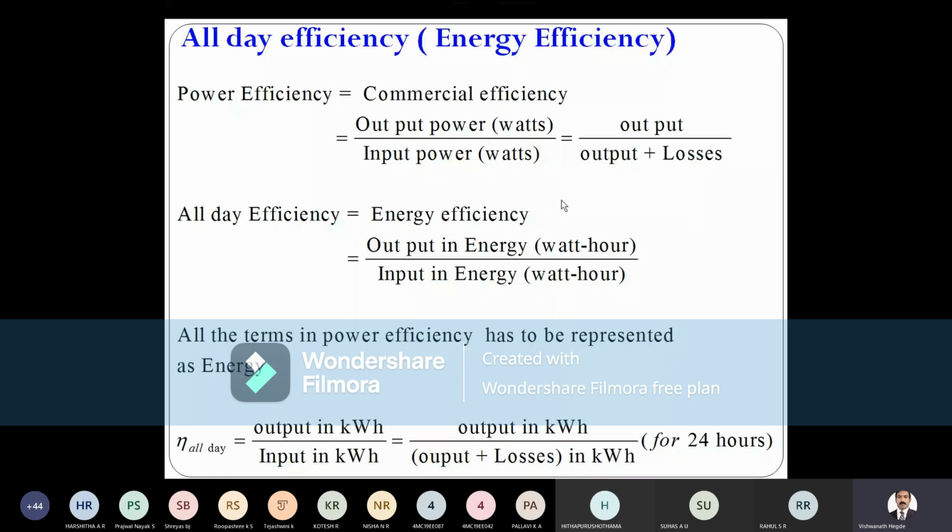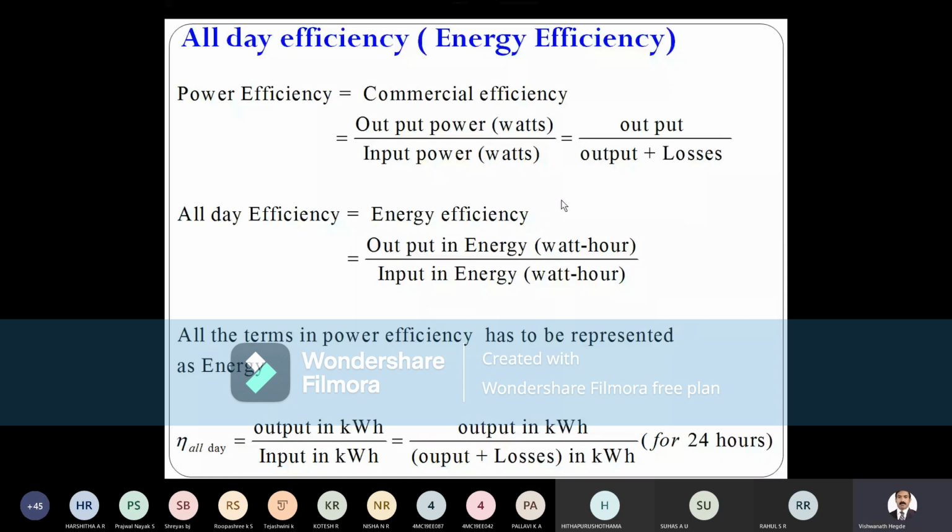That will give a fairly good idea about the performance of the transformers. Hence, energy efficiency or all-day efficiency is defined. So we'll see. As the name itself says, energy efficiency of energy, not in terms of watts or kilowatts.